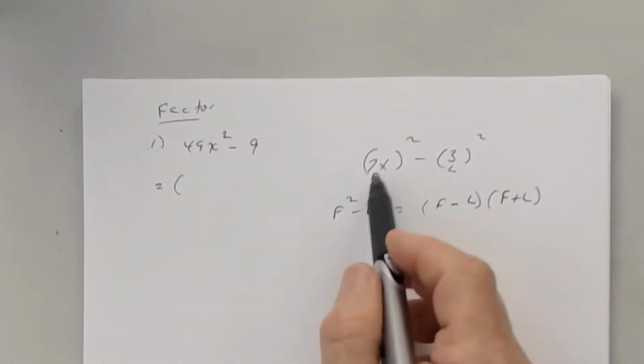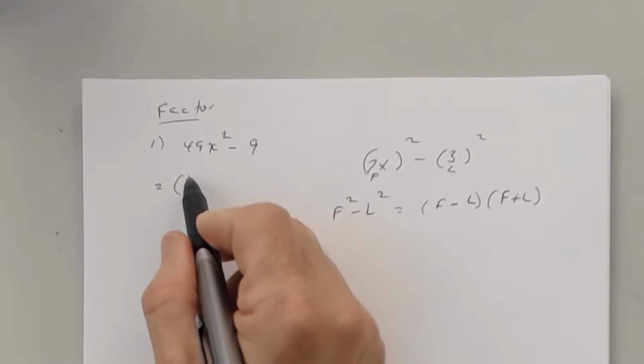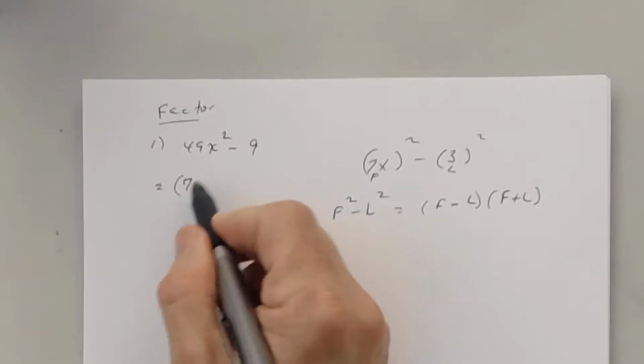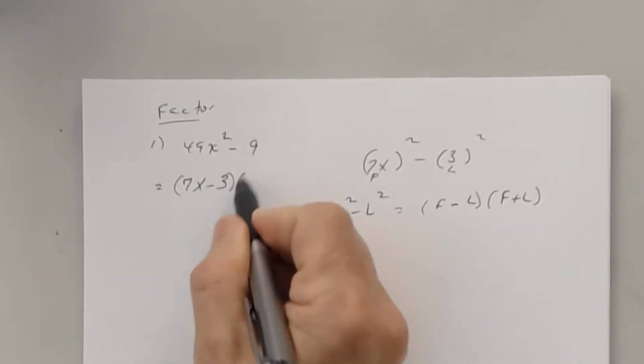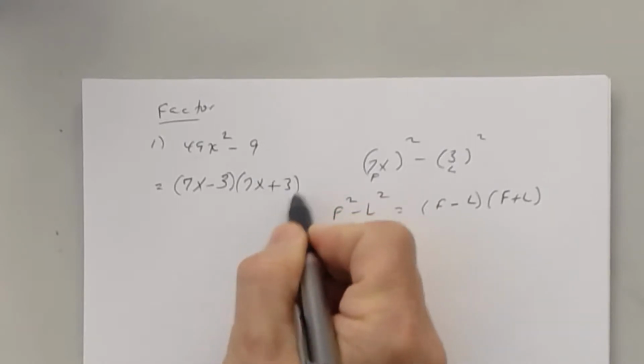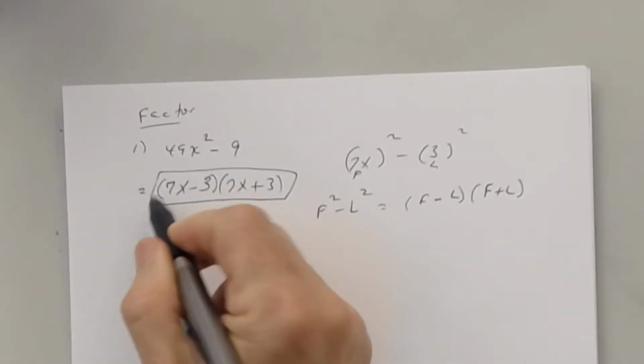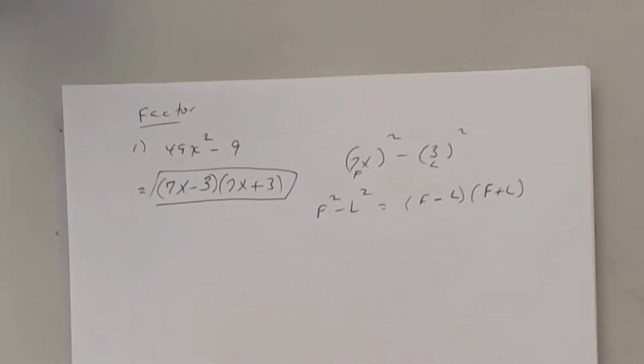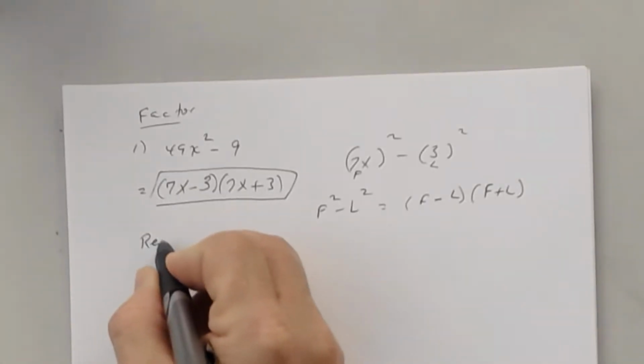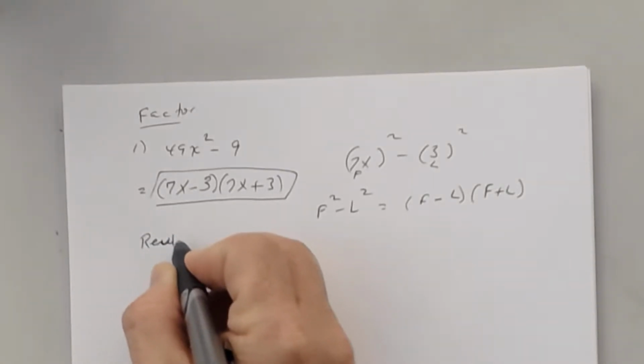You're going to say f minus l, so what do you write? 7x minus 3 times 7x plus 3. There's your answer. Okay?